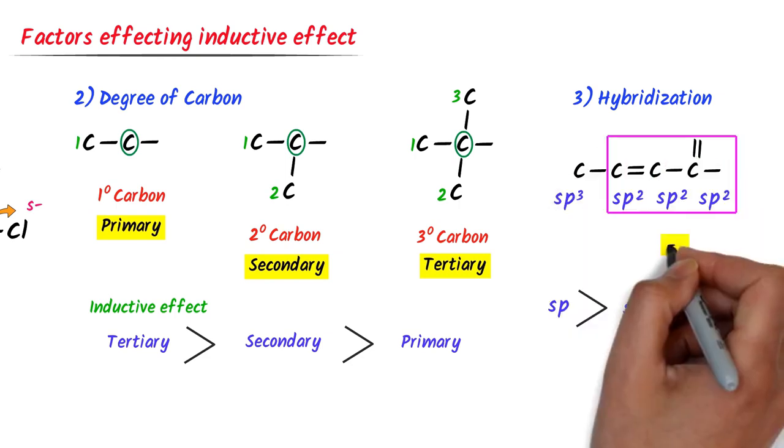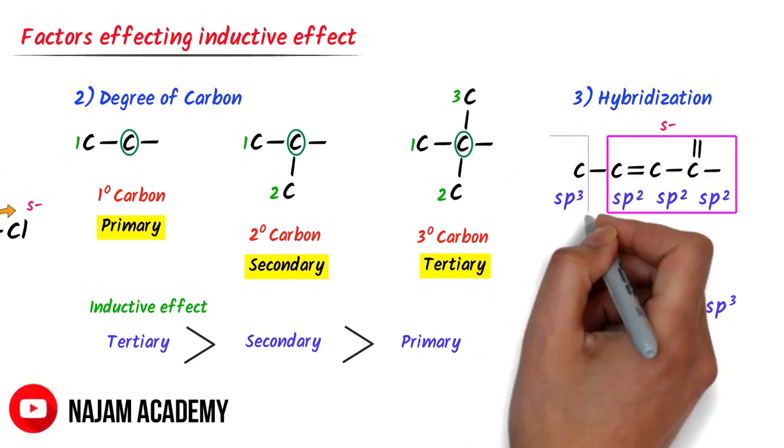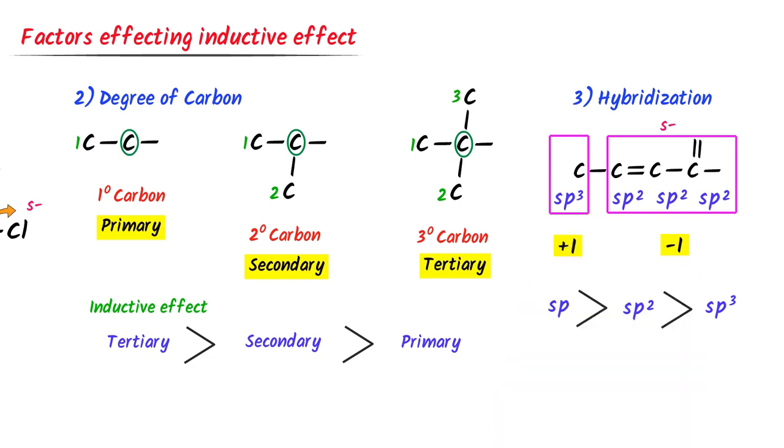Now this group is negative I or partially negative charge will appear on it because it is sp hybridized, while this carbon is positive I or partially positive charge will appear on it because it is sp2 hybridized. Thus note down this order of hybridization.